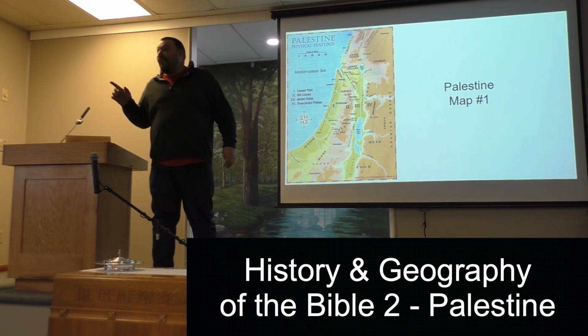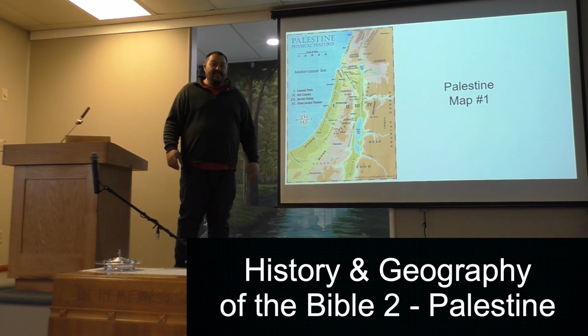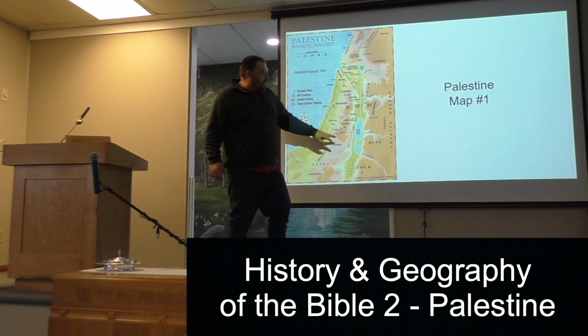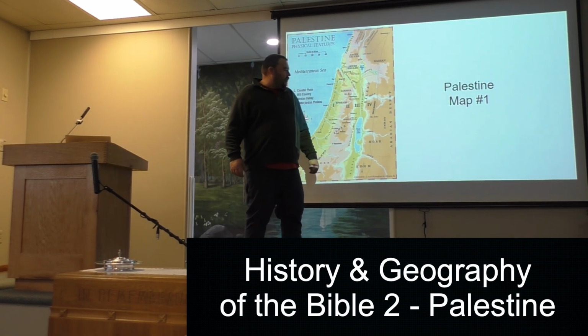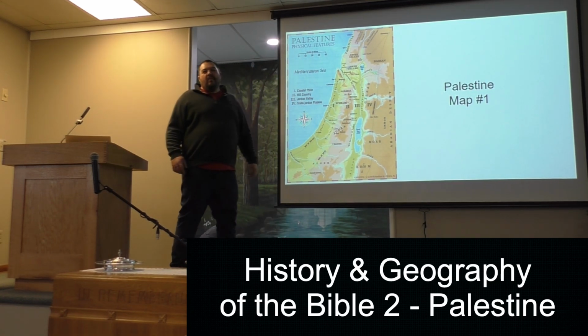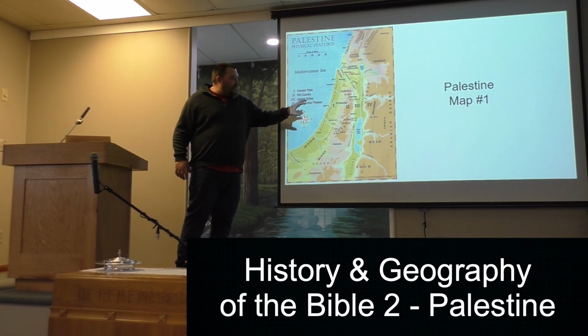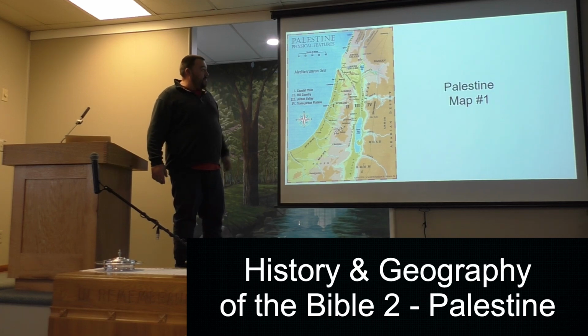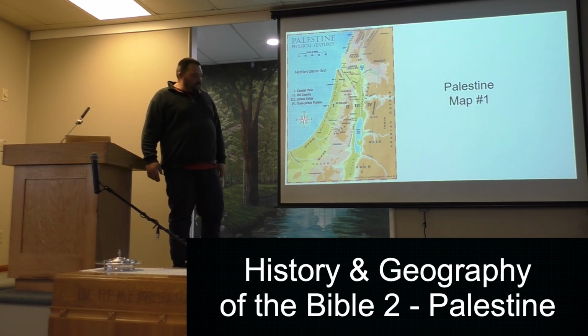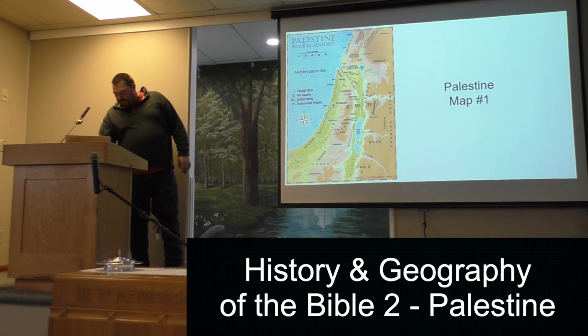Lot's daughters' sons, right? So that's where those people settled, and that was not part of the Promised Land, right? God did not give that property to Israel. So I guess I really don't have a whole lot more.